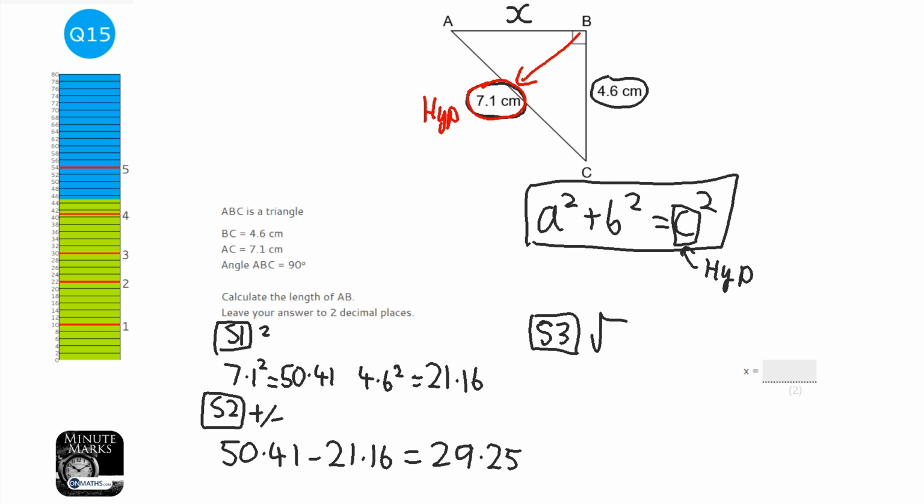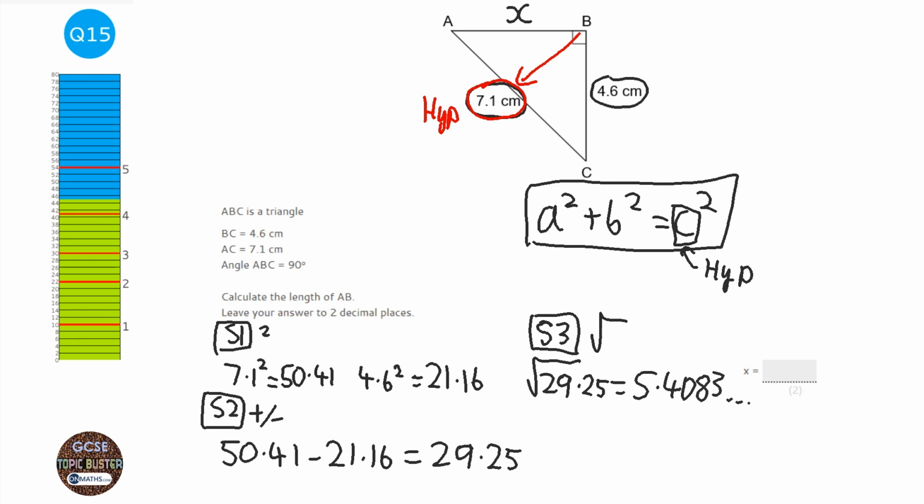So with this one, I'm just going to press square root answer, so square root 29.25 equals 5.4083, blah blah blah. It wants 2 decimal places, so I'm going to write 5.41 because that 8 moves that 0 up by 1.